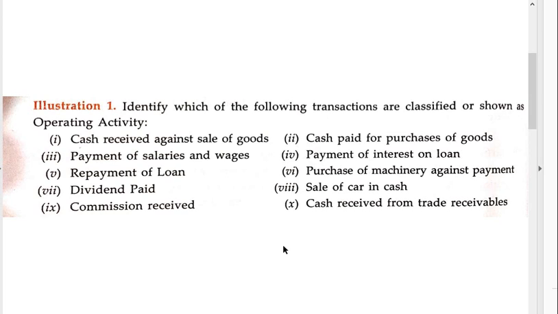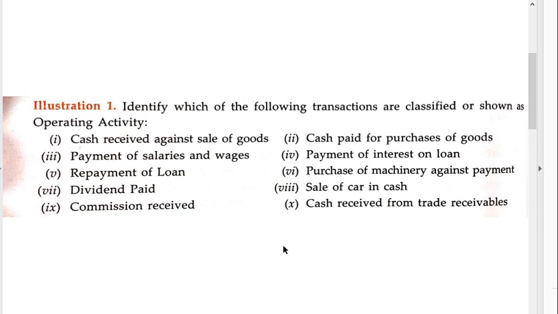What is the activity here? Sale of goods. Is this activity a routine activity for the business? Yes, sir. Sale of goods is a routine activity. We are producing goods for sale only, isn't it? So we can say cash received against sale of goods is an operating activity.